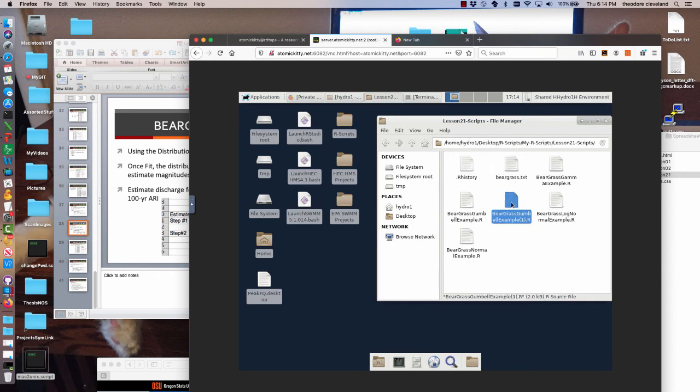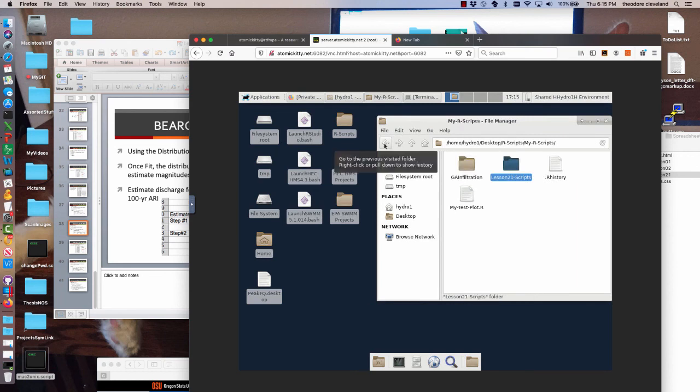We don't need the gumball. See if I can delete it. Ta-ta, bye-bye. There we go, and I will leave that in HYDRO1 in the HydroShare environment. And you'll have the password for that, so you can log in and check it yourself if you need to. And let's disconnect from the remote.